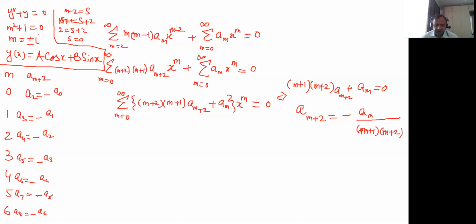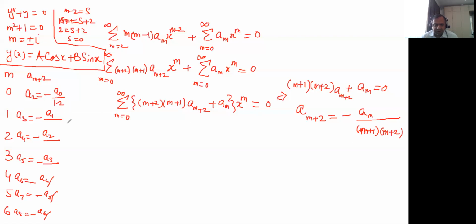So in this way we can very conveniently complete this table. So divided by, and what I will get in the denominator is m plus 1 and m plus 2. So what would be the first one? m was 0, so 1 times 2.